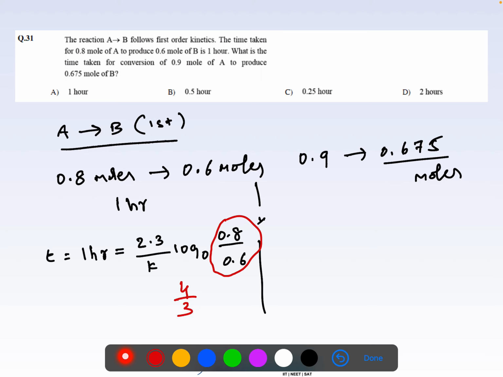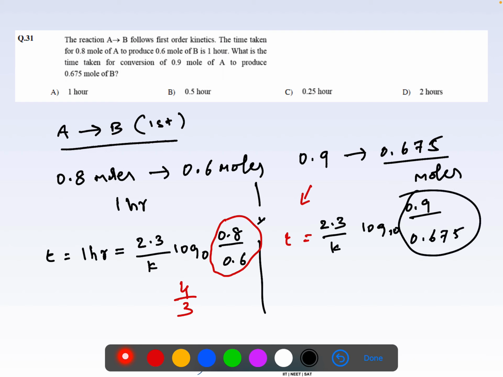Similarly, for the second reaction, the time T will be equal to 2.3 divided by K log base 10 of initial concentration 0.9 and final concentration 0.675. If you solve this, the ratio will be exactly equal to 4 by 3. So since the ratios are the same, it will take 1 hour only, and the correct option will be option A.